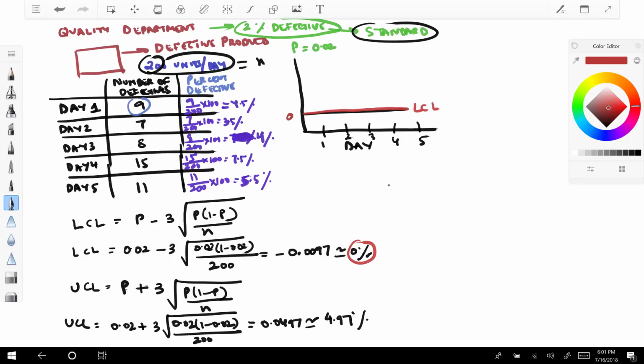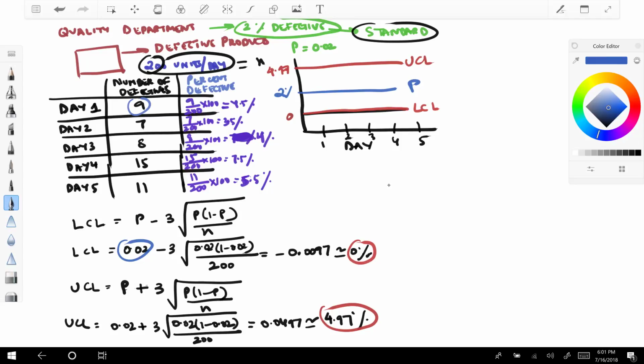So I will use this 4.97 and draw the upper control limit. And then our center line would be P. They gave us 2%, P is 0.02, so that's 2%.